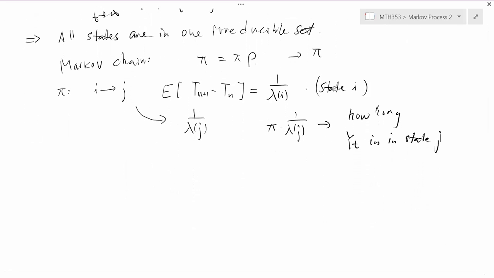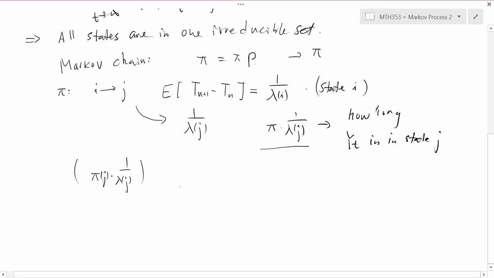But there is still a shortcoming of this number, because it's no longer a probability vector. If you look at all of the pi_j times 1 over lambda_j, this is not a probability vector anymore. So what we need to do is normalize it, make it a probability, and that way we have exactly what we want.